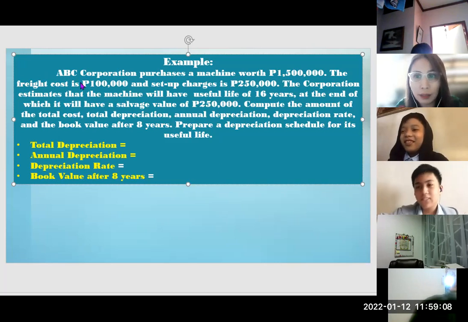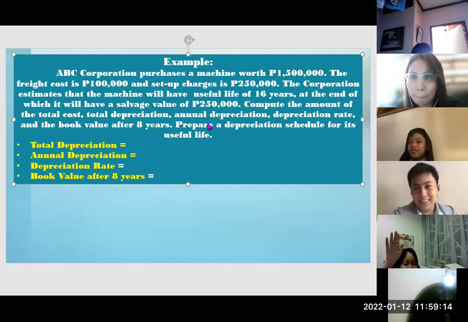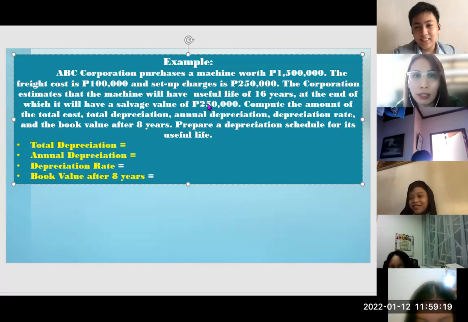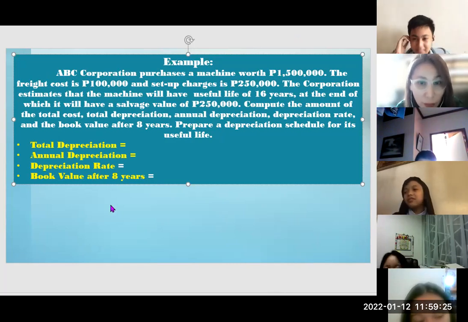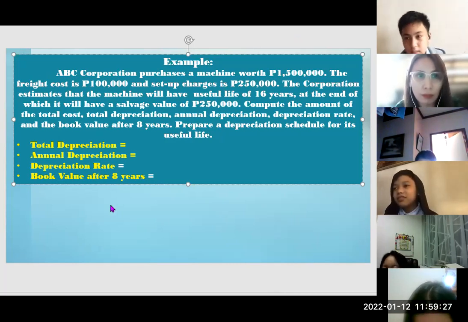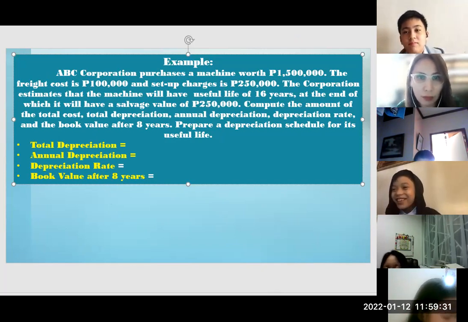Who wants to read the next problem? Miel, first to raise hand. Yan, Miel, go. ABC Corporation purchases a machine worth 1,500,000. The freight cost is 100,000 and setup charges is 250,000.